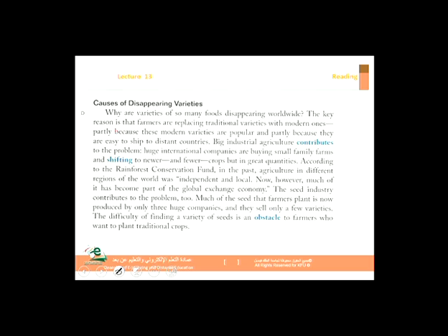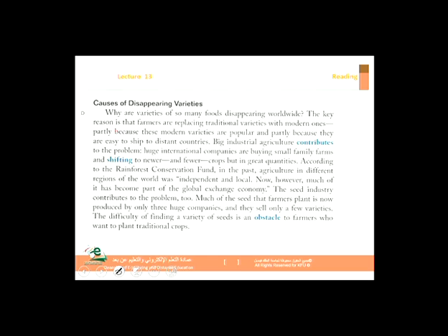Huge international companies are buying small family farms and shifting to newer and fewer crops, but in great quantities. According to the Rainforest Conservation Fund, in the past, agriculture in different regions of the world was independent and local. Now, however, much of it has become part of the global exchange economy.